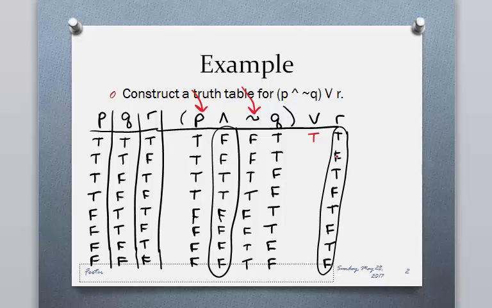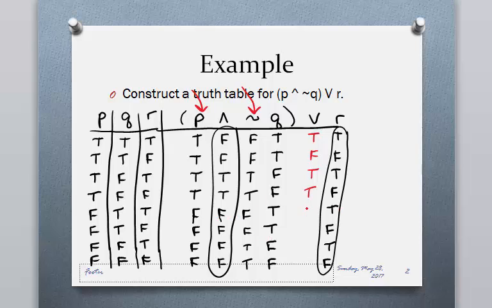If we have false or false, that's going to be false. True or true makes a true. True or false makes a true.